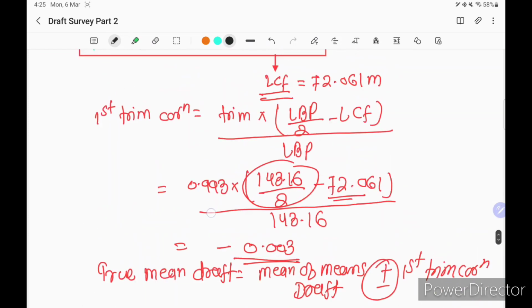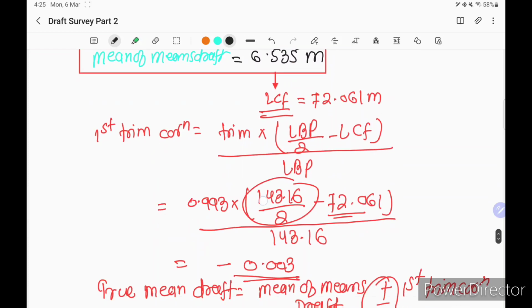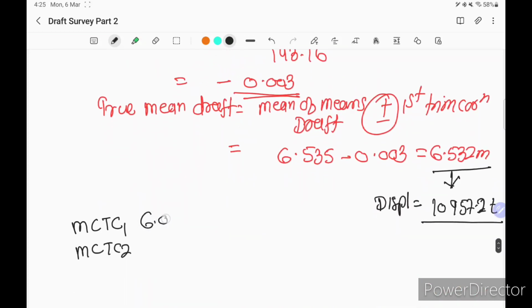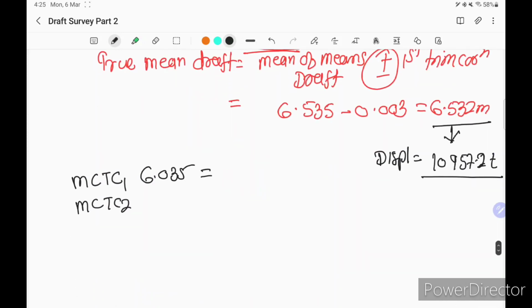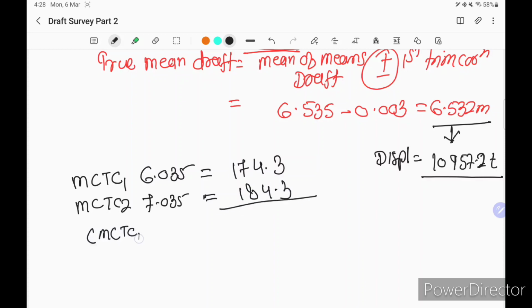So we have mean of mean draft 6.535 minus 0.5, so 6.035, and 6.535 plus 0.5, so 7.035. Okay, so we'll get the values of MCTC1 and MCTC2 from the ship particulars: 174.3 and 184.3, and the difference between them is 10.